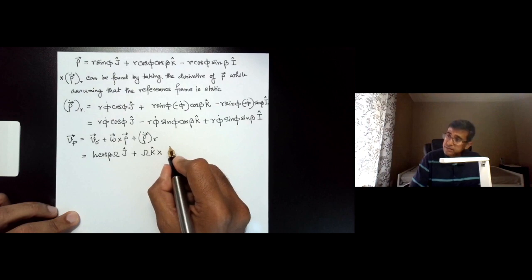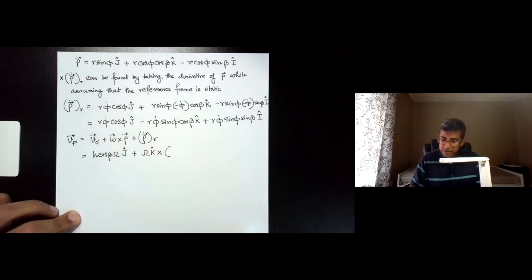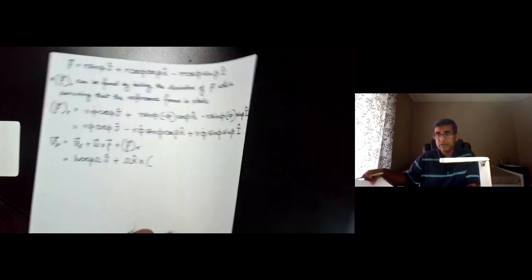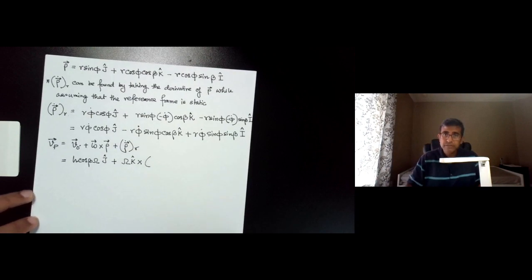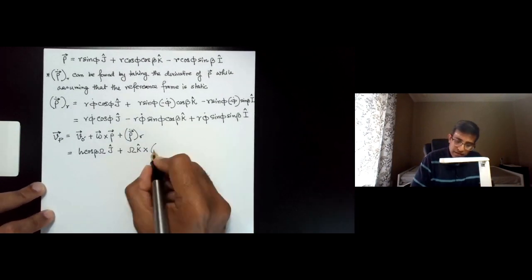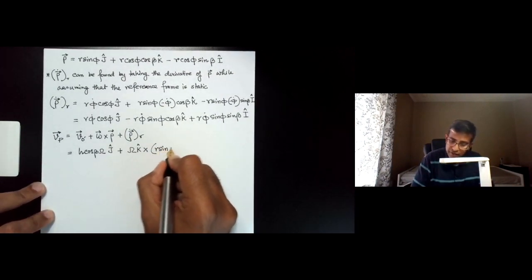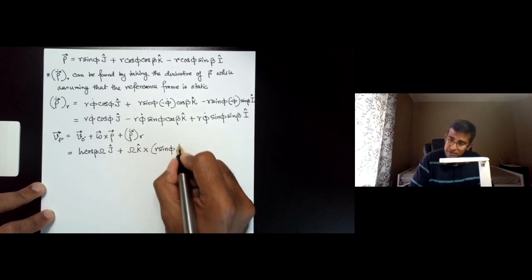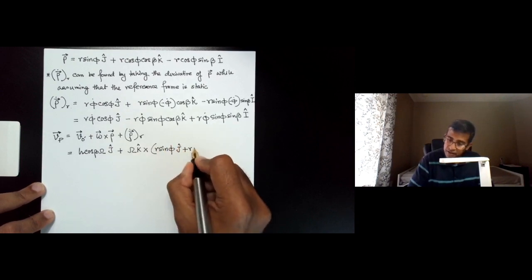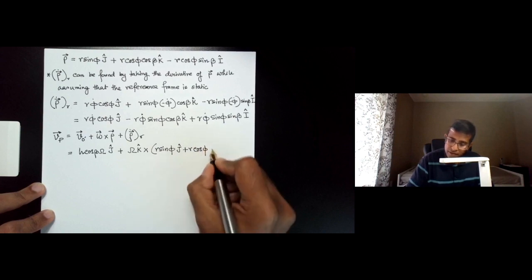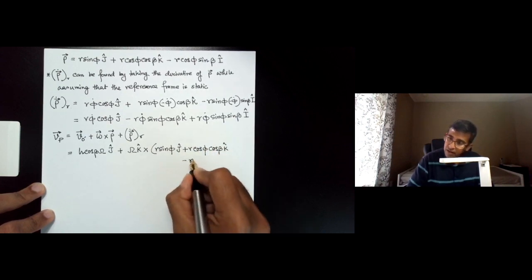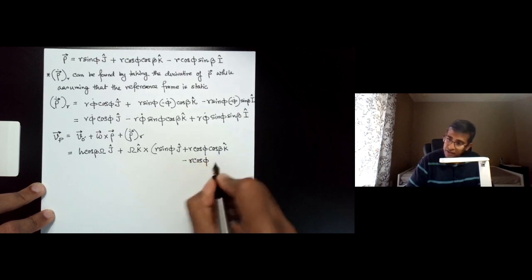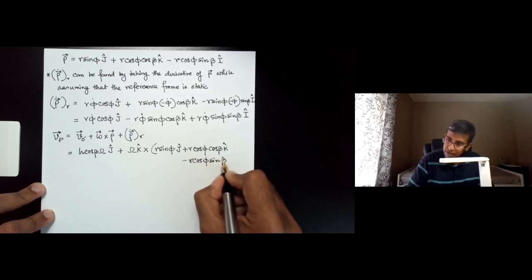Rho is, let me just double check here, r sine phi j plus r cosine phi cosine beta k minus r cosine phi sine beta i.